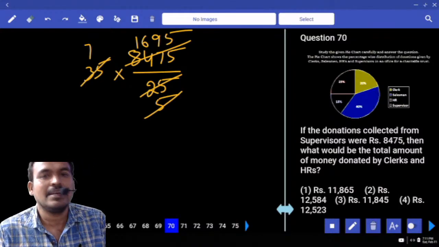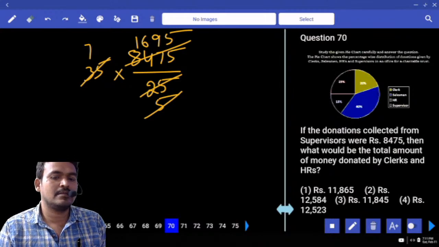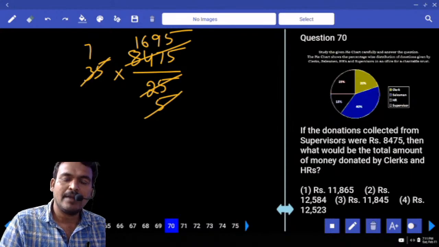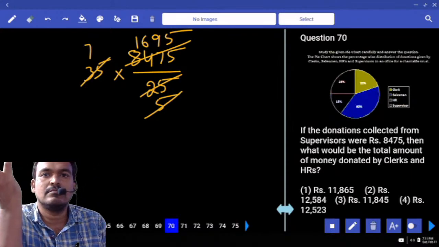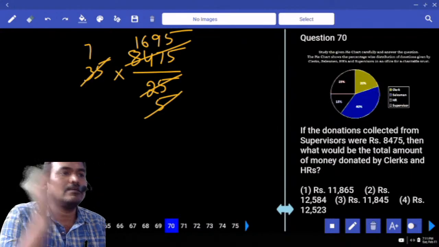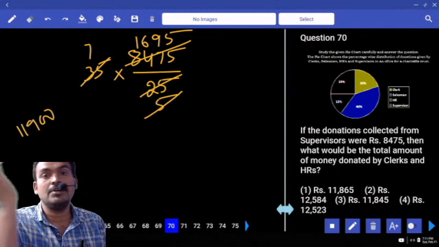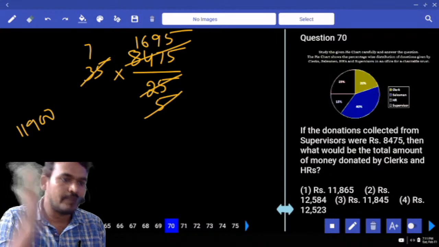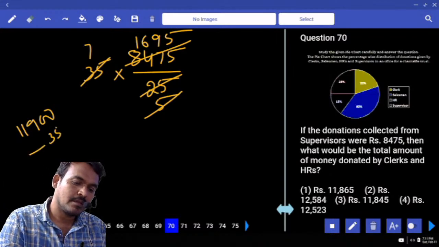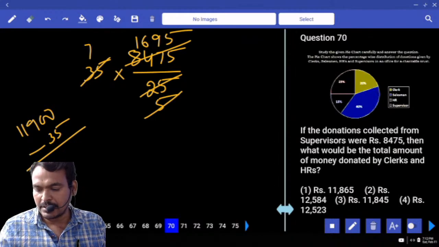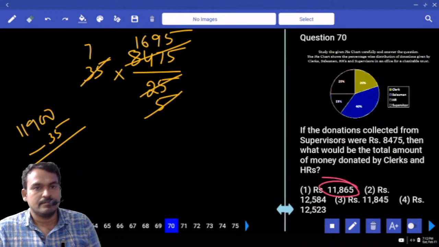Suppose 1695 we consider 1700. Compared to 1700, it is 5 less. 7 into 1700 is 11,900. 7 into 5 is 35. Subtracting, what is the remaining? 11,865.